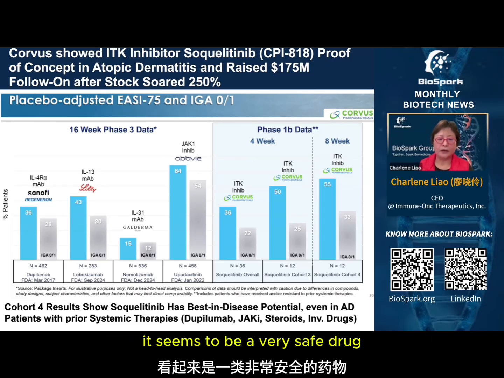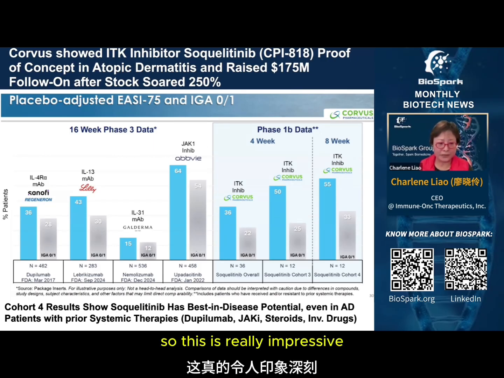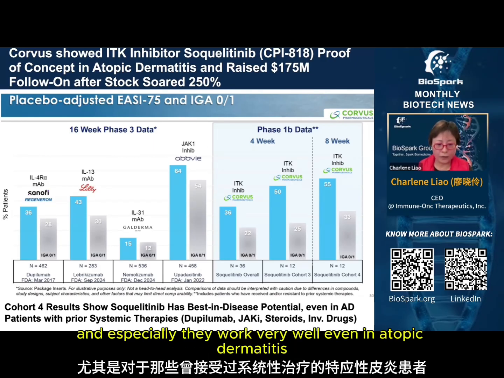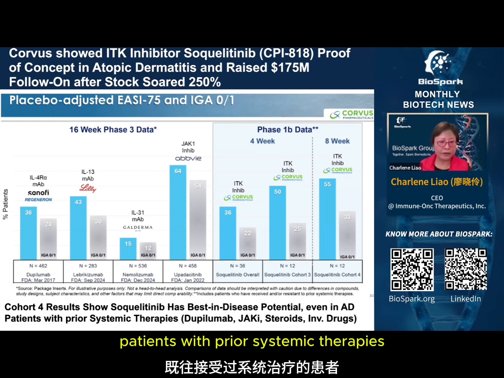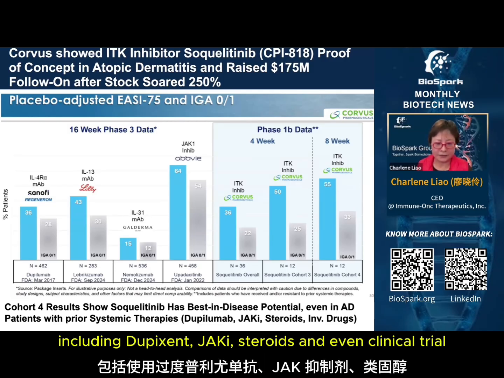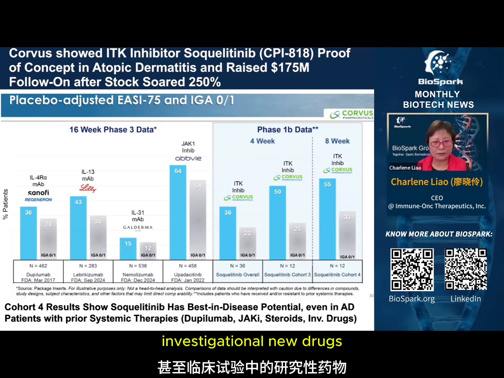It seems to be a very safe drug. So this is really impressive. And especially they work very well even in atopic dermatitis patients with prior systemic therapies, including Dupi, JAK-I, steroids, and even clinical trial investigational new drugs.